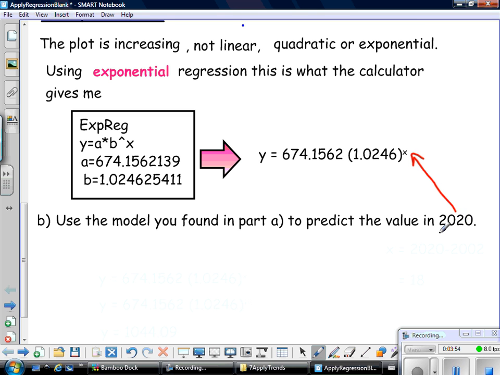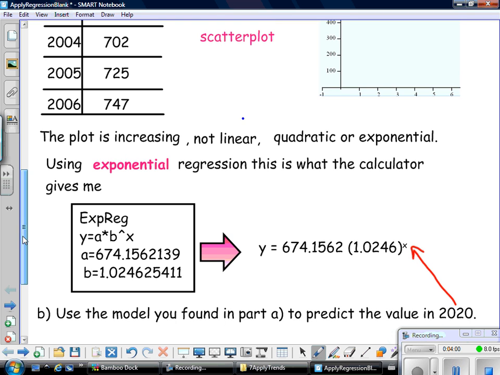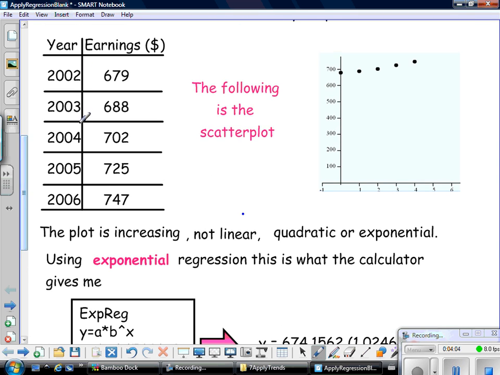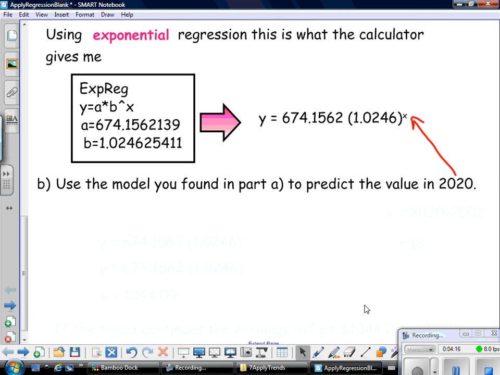Am I going to put the number 2020 in here? Well, no, I'm not going to. This model starts in the year, if I go back to here, 2002. So I want to find out how many years have occurred from 2002 to 2020. And obviously, if I subtract, I would see 18 years have passed.